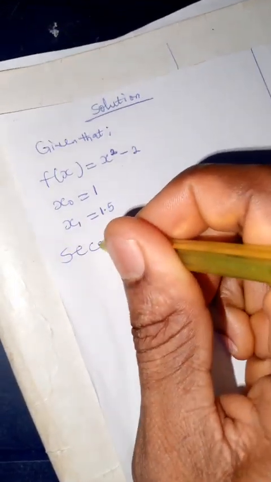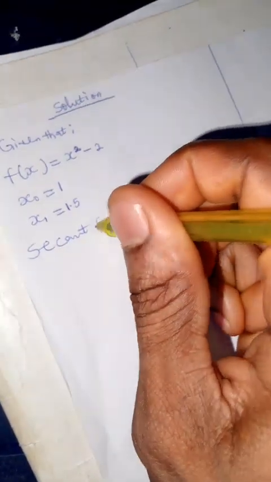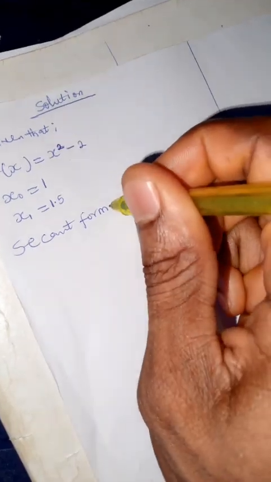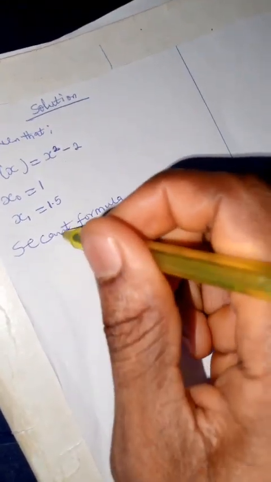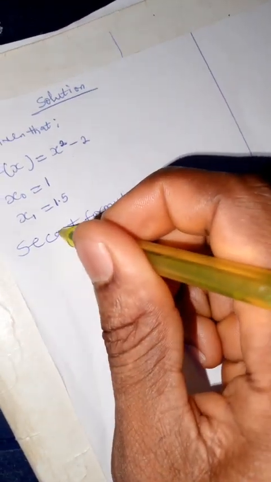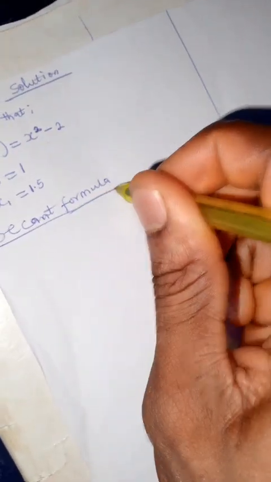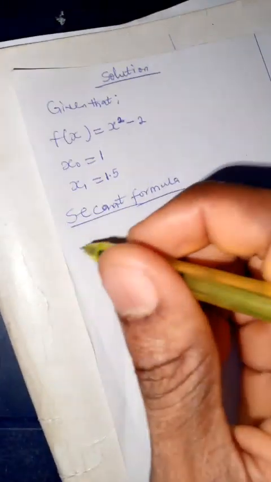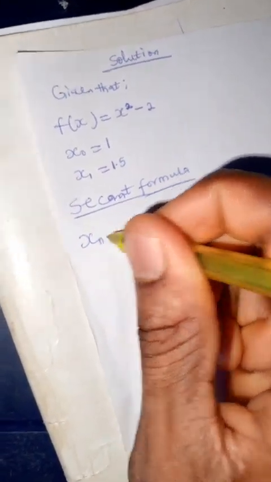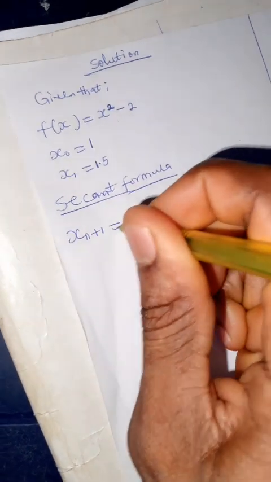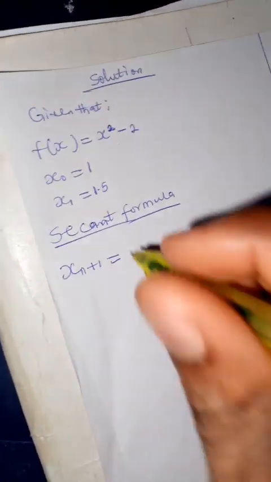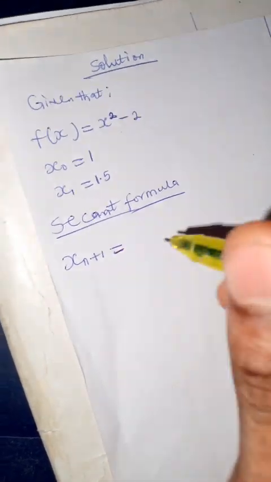Now the next thing we're going to do is write the secant formula. The secant formula is written as x n plus 1 equal to x n minus 1 f of x n, minus x n f of x n minus 1, over f of x n minus f of x n minus 1. Please, you have to be careful while writing the secant formula. You have to be very careful.